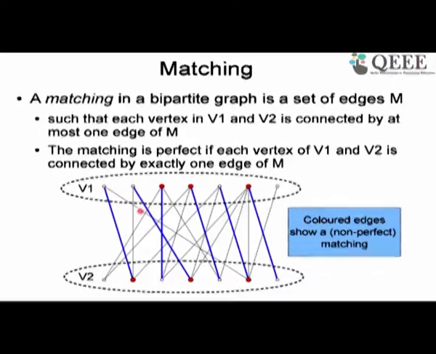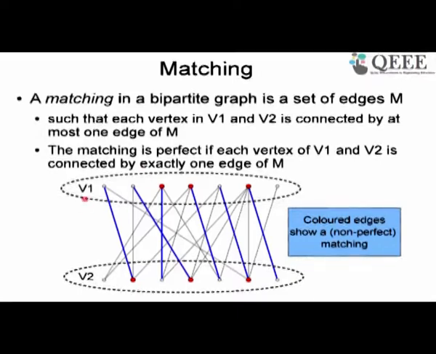Once I have put an edge to a vertex here, this vertex has to be removed from the matching. It can't be used again. So every vertex in V1 is incident on at most one edge of the matching. Similarly, every vertex of V2 is incident on at most one edge of the matching.